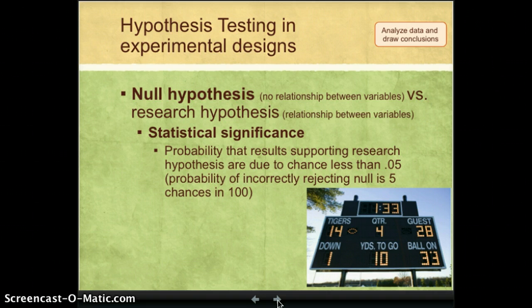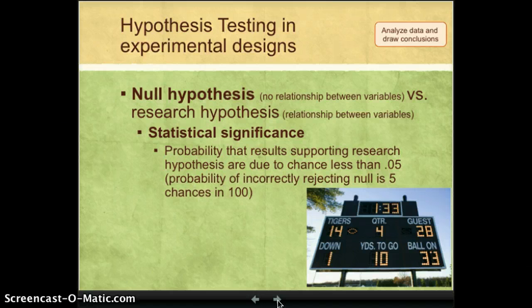The research hypothesis is usually the hypothesis that suggests a relationship. In the case of our example, the hypothesis may be that morphine will cause a reduction in headaches. That would be my research hypothesis. But statistically, I would test the null hypothesis.